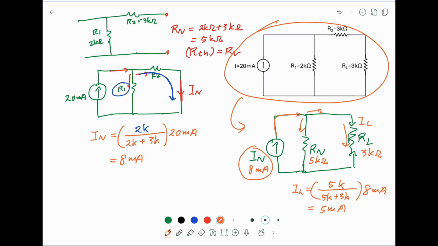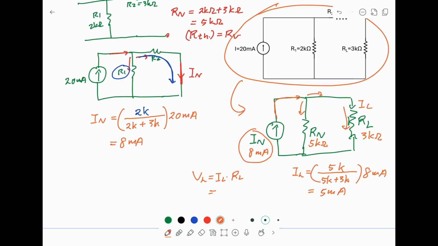And the voltage across the load resistor, this time VL, is equal to IL and RL, and you should be able to find this is 5m multiplied by 3k, and it's equal to 15 volt.